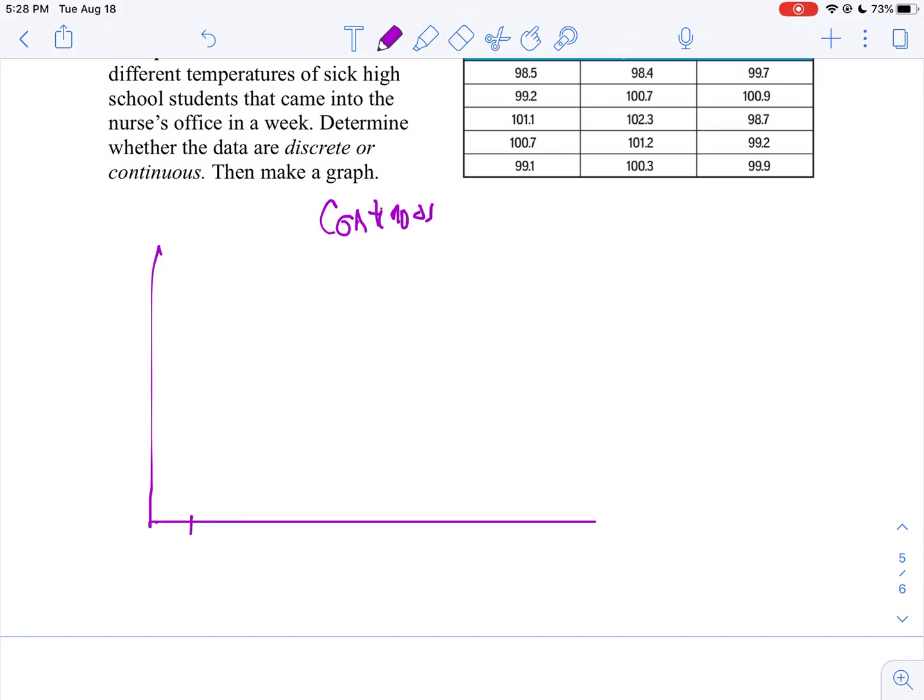So 98, 99, 100, 101, and 102. Now this is kind of like a dot plot. We have to figure out where we're going to put our numbers. So let's make a table here on the side.